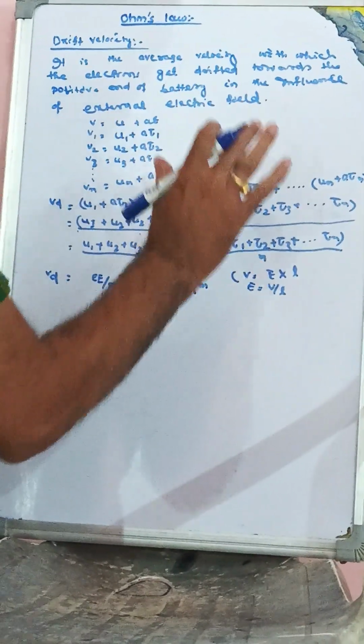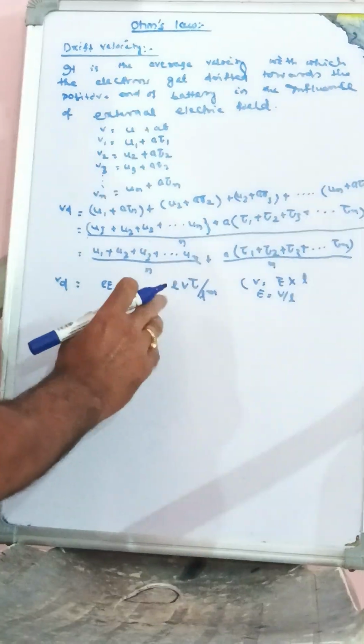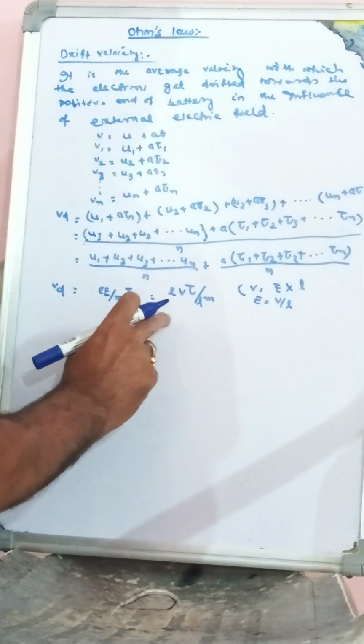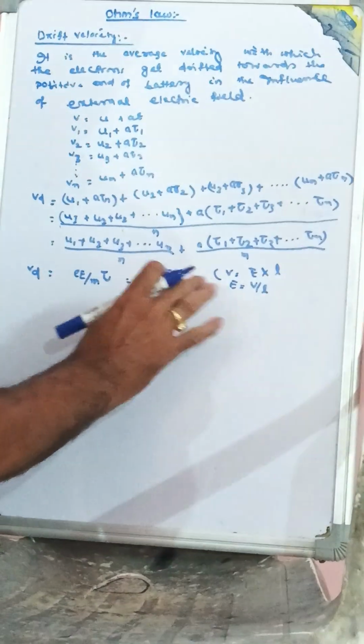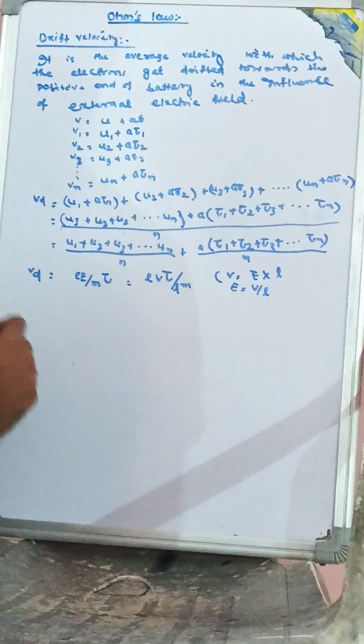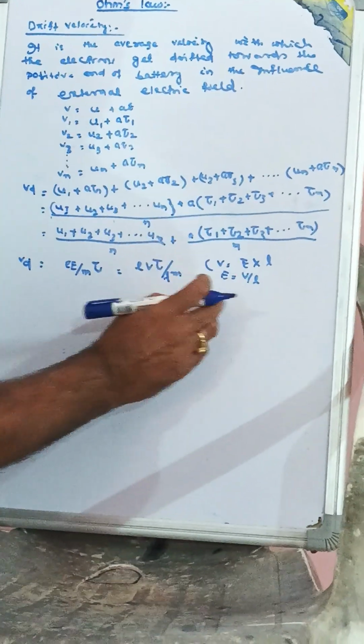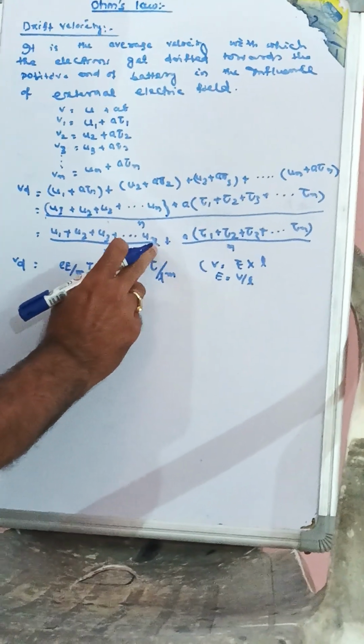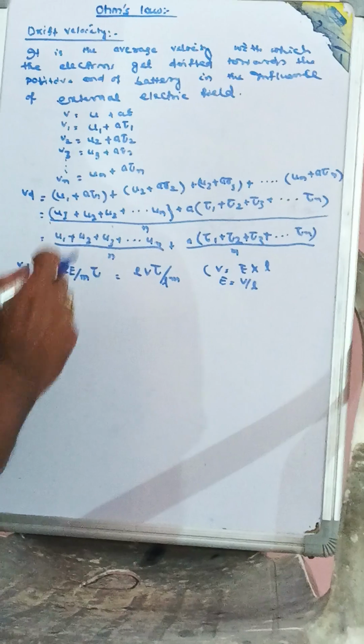This is the drift velocity. Capital E is equal to electromotive force or voltage. Then we get the value of Vd.